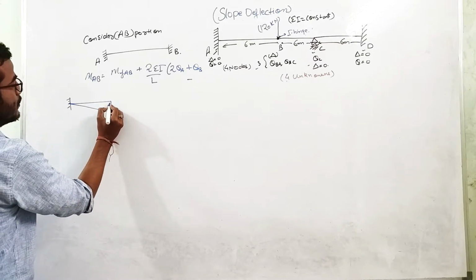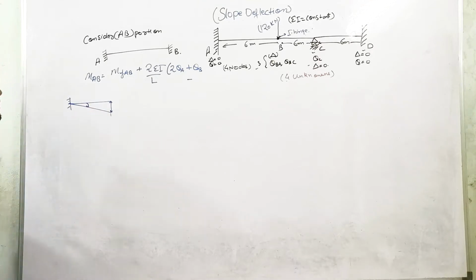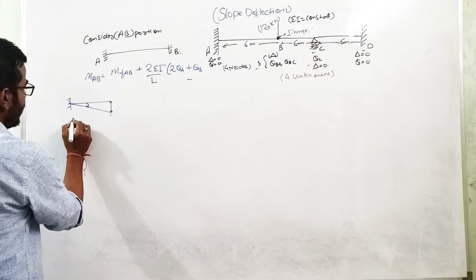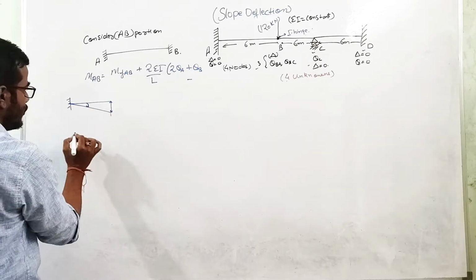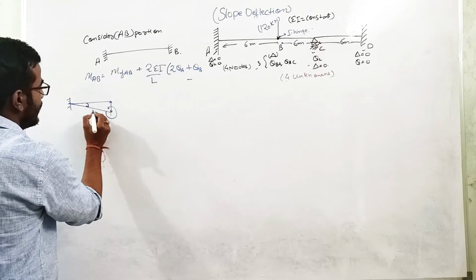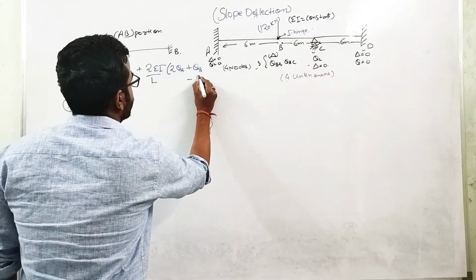When this portion comes down, it is basically a clockwise rotation. We have already learned that when the right portion comes down with respect to the left portion, the moment induced at this point will be anti-clockwise. We have already derived this.